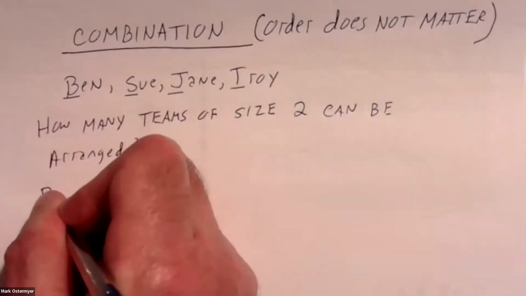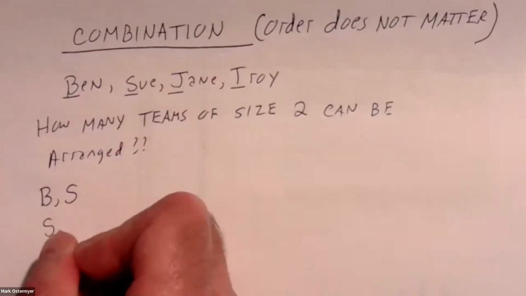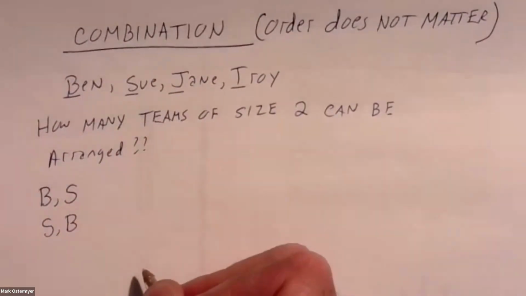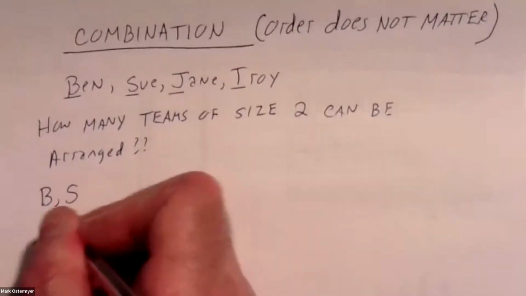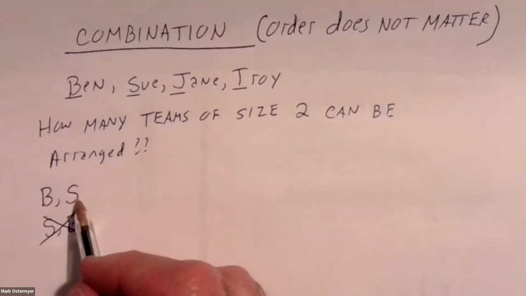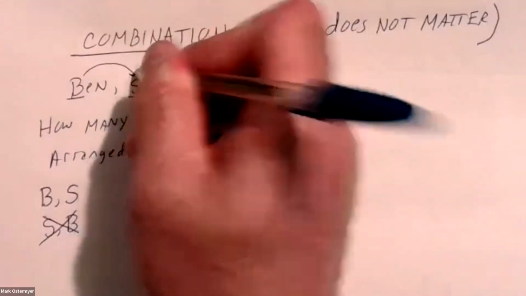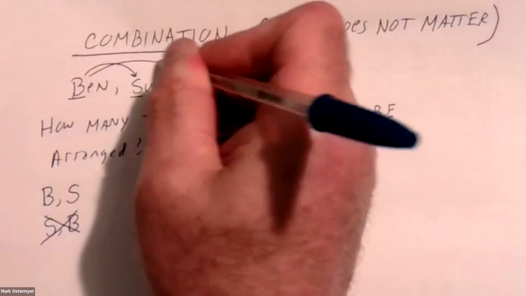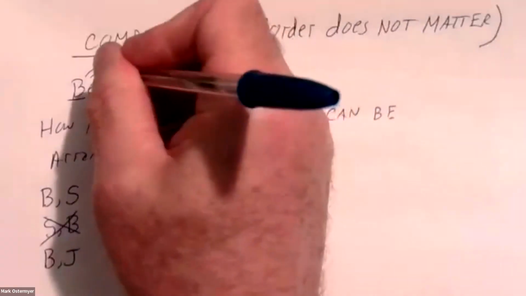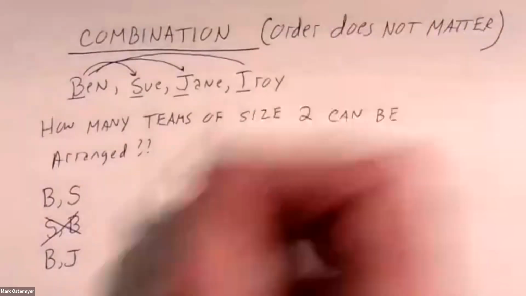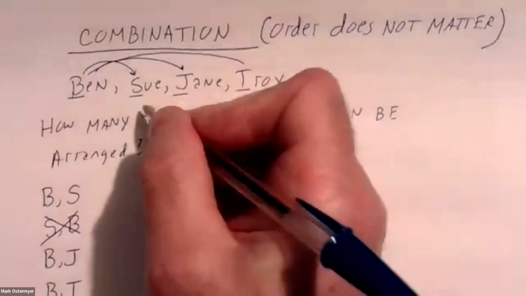So let's find out how many different teams of size 2 are possible. Well, I could choose Ben and then Sue. Why do I not count the team of Sue and Ben? Because these are the same teams. Order does not matter here. Don't count it. Now watch how I'm going to keep this organized. I could choose Ben and Sue, or Ben and Jane, or Ben and Troy. We're done with Ben. Move to Sue.